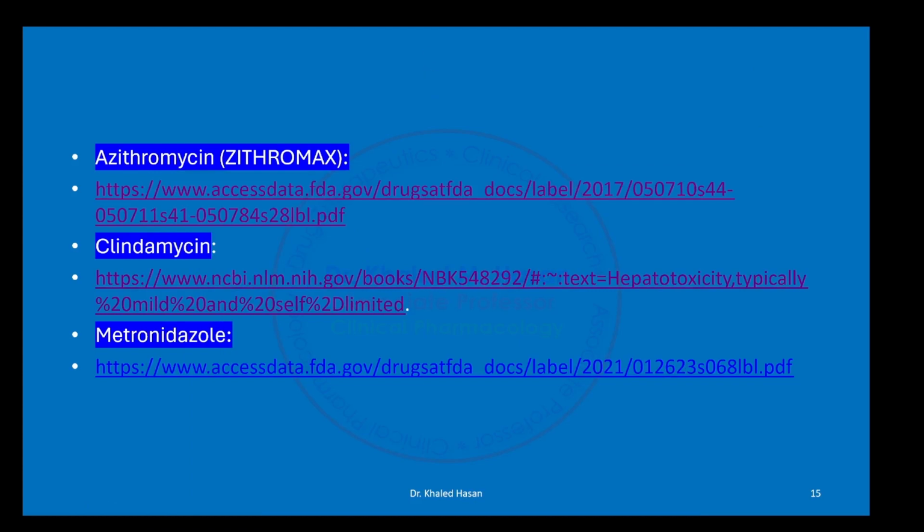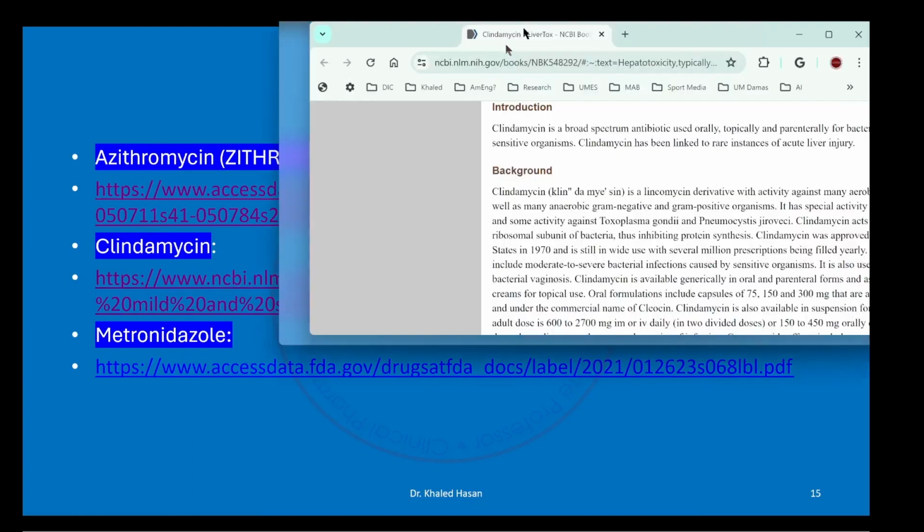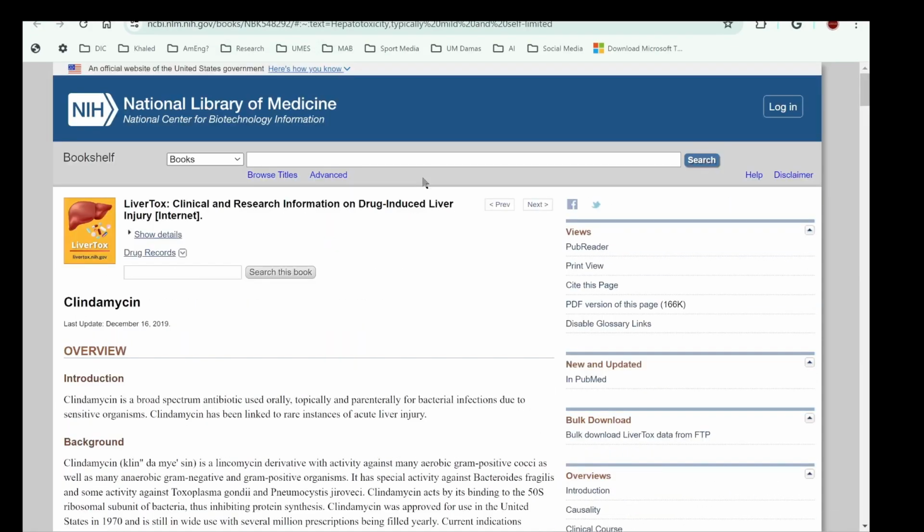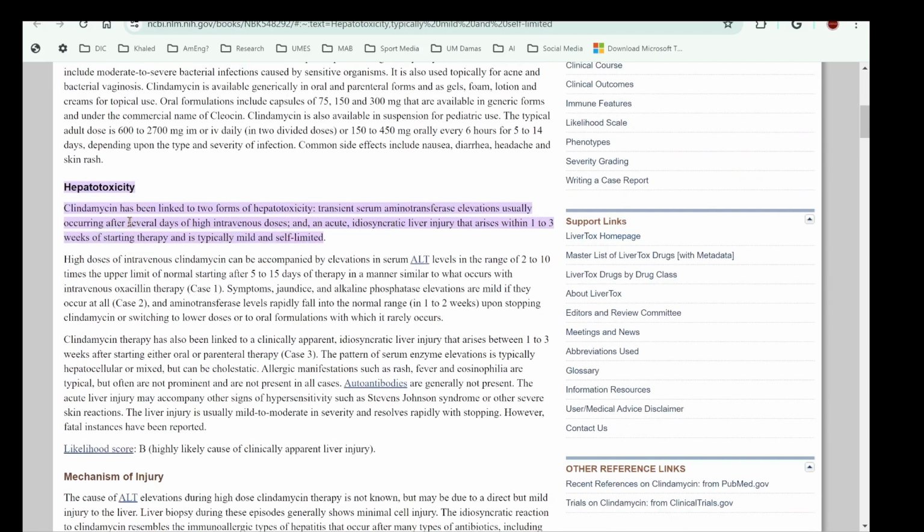Clindamycin, as we already mentioned. If I go to the home page, look what we have here, published in the National Library of Medicine. Clindamycin has been linked to two forms of hepatotoxicity.